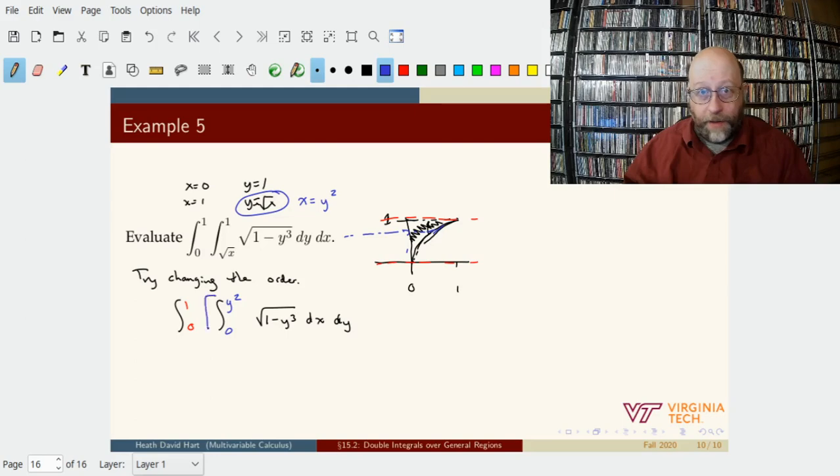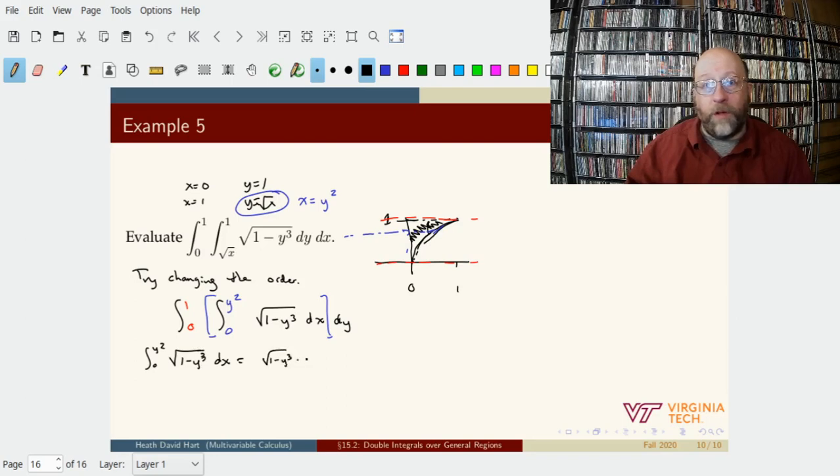All right, let's try solving this. We solve the inner integral first: the integral from 0 to y squared of square root of 1 minus y cubed dx. This is a constant with respect to x, so it's just square root of 1 minus y cubed times x, evaluated at 0 and y squared.